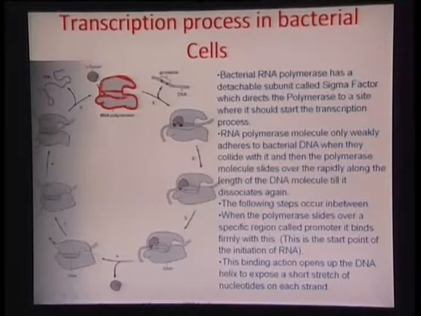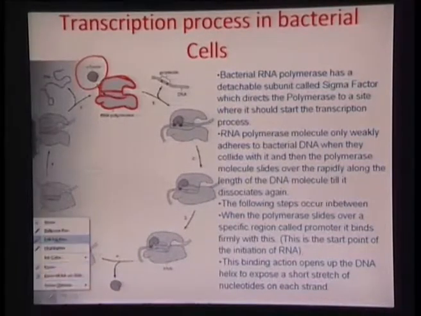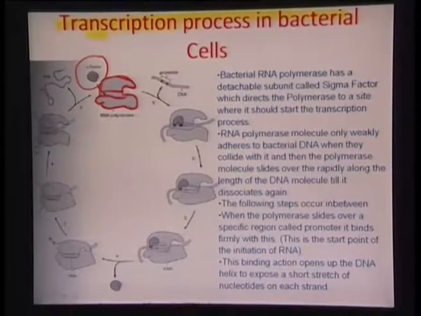So here there is a chemical signal, and this is essentially described for the bacterial cells. So this transcription process that I am going to describe in just a few seconds is in bacterial cells.